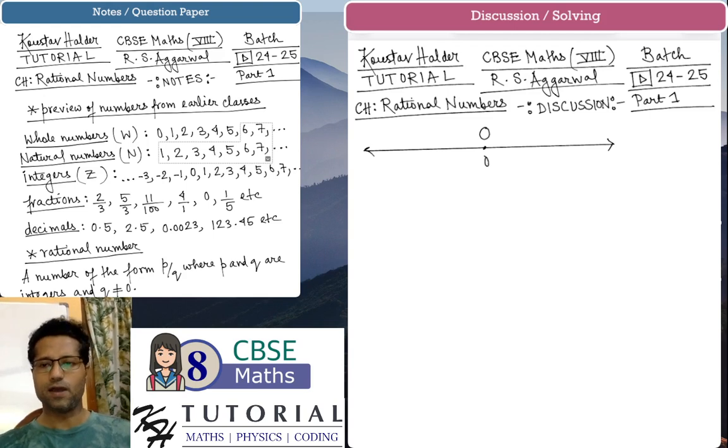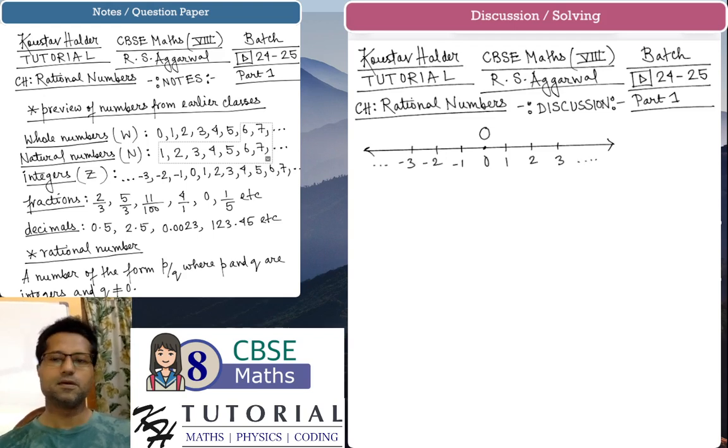Then all the positive integers are marked at unit distances from each other on the right hand side of the origin O. All the numbers on the right hand side of the origin O are positive numbers. Similarly, on the left hand side of the origin O, you have all the negative integers: -1, -2, -3, and it goes on. It's endless.